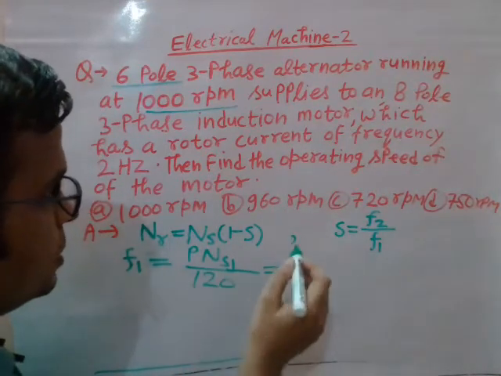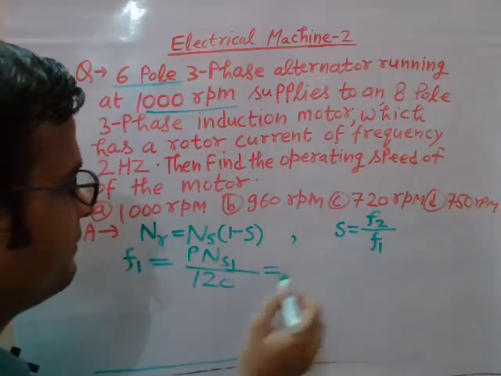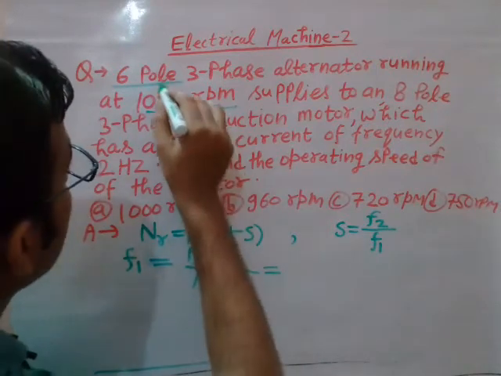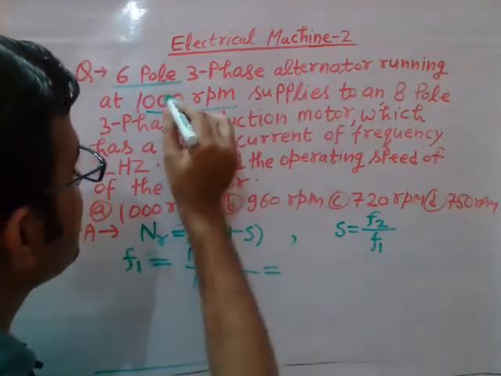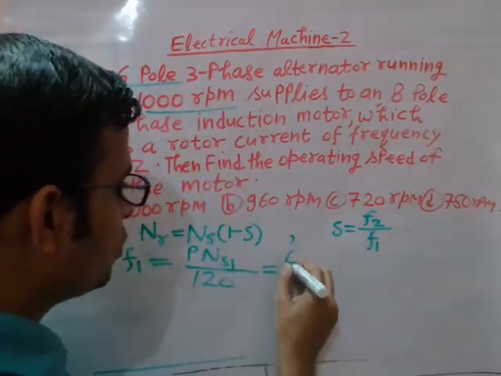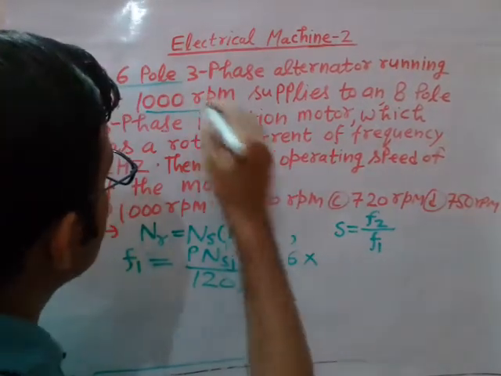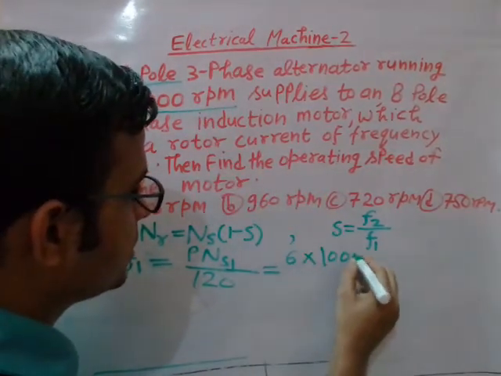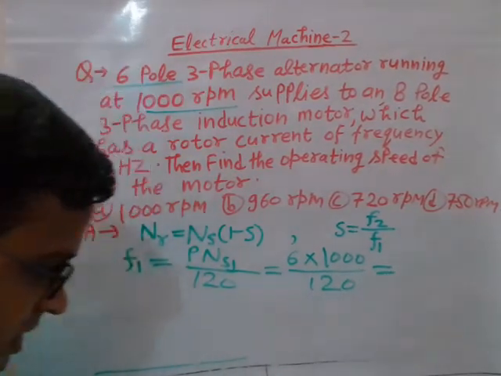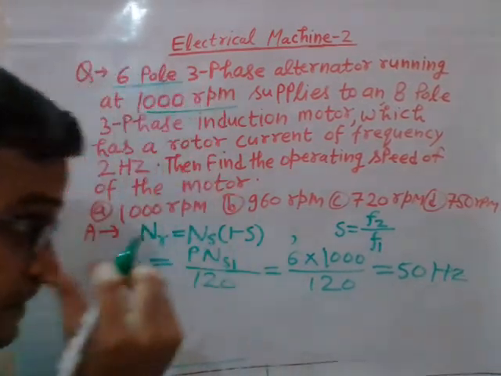The supply frequency of the 3-phase induction motor is calculated from the synchronous speed and the number of poles of the alternator. Poles are 6, synchronous speed of the alternator is 1000, divided by 120. This comes out to be 50 Hertz.